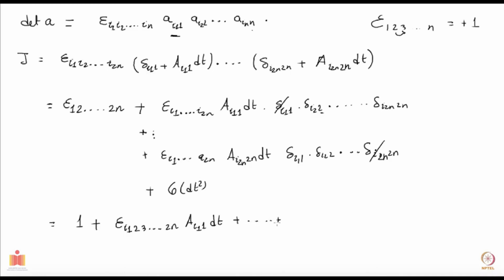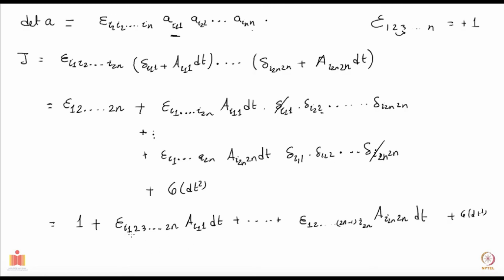Let me write down anyway. Epsilon, this will be 1 2 and so forth up to 2n minus 1, and then you will have I subscript 2n, and you will have a I2n 2n dt. Okay, plus higher order terms.